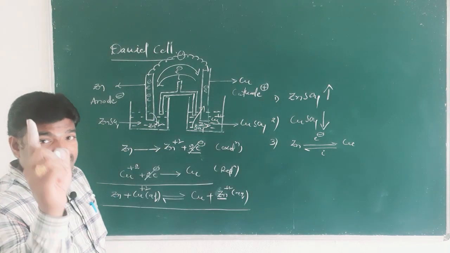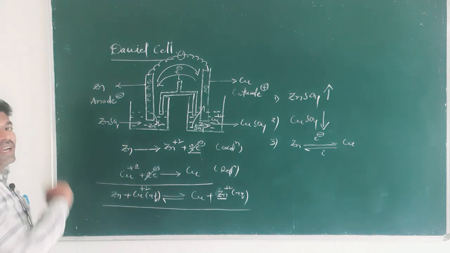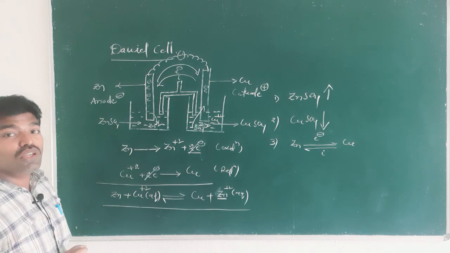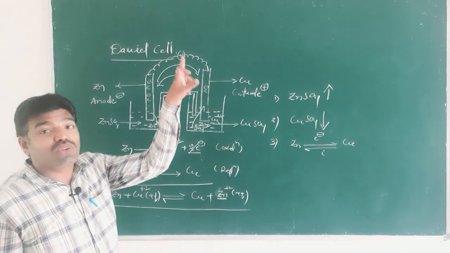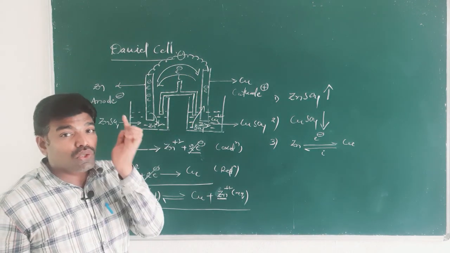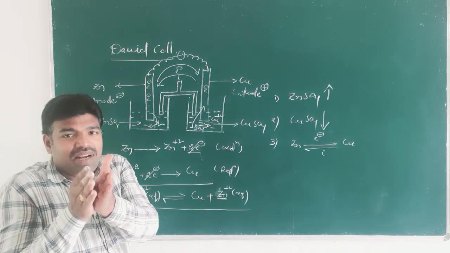But whereas in the electrolytic cell, anode means positively charged electrode and cathode means negatively charged electrode. You should remember this point. That is the fundamental difference.